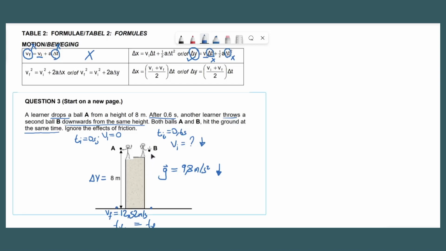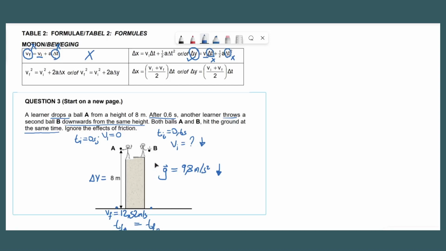So if we are looking at the information regarding ball B alone, all we know is that it was thrown 0.6 seconds after ball A, but they both reached the ground at the same time. So this is actually a clue which we can use to link the change in time of ball A to the change in time of ball B. Because if we are looking at the quantities that we know for ball B alone, they are still not enough for us to solve even for the change in time.